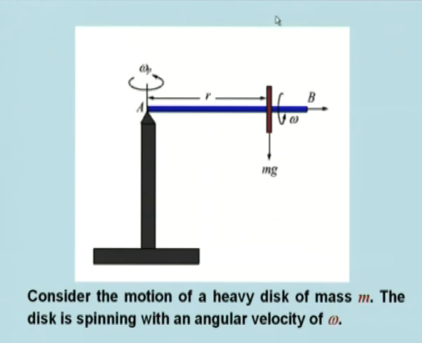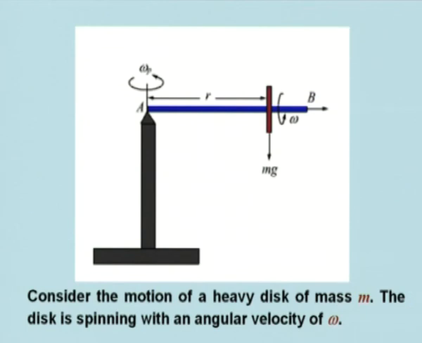Consider the motion of a heavy disk of mass m, spinning with an angular velocity omega. The mass of the shaft, for the time being, you assume is negligible, but you have a heavy disk of weight mg, and the whole shaft is precessing with an angular velocity omega p.